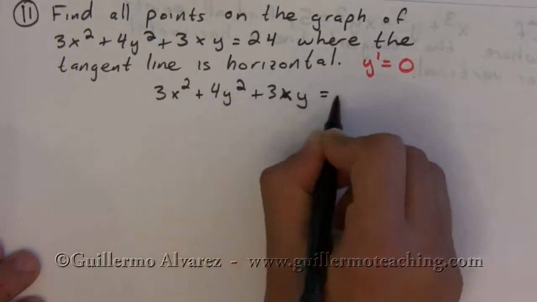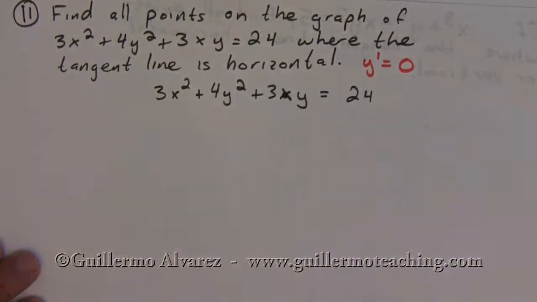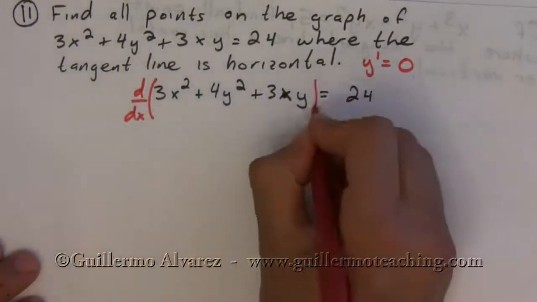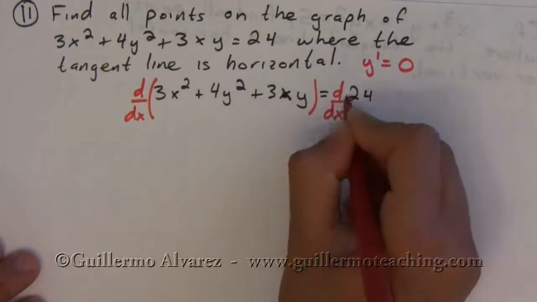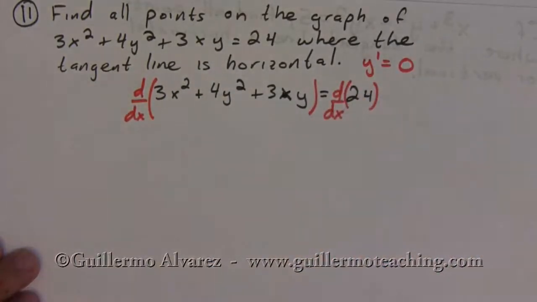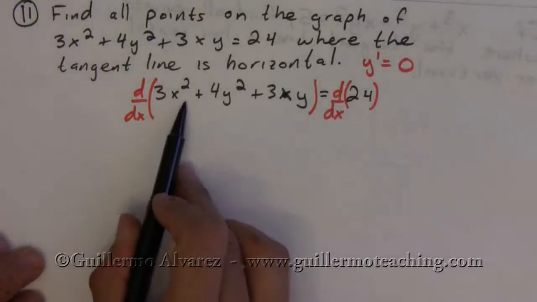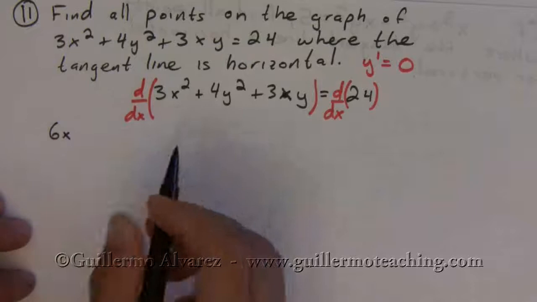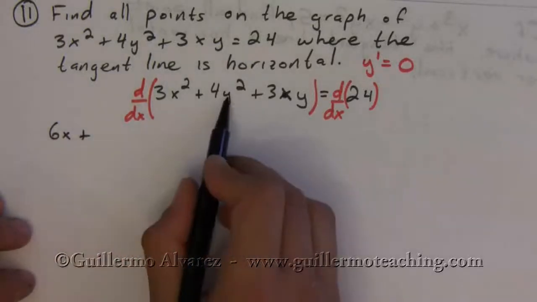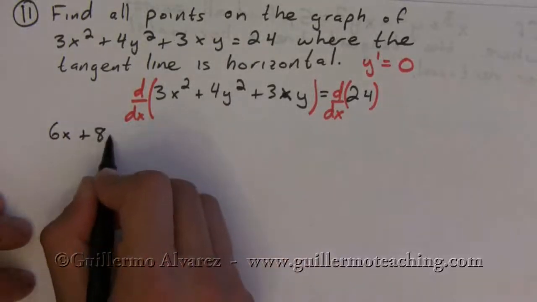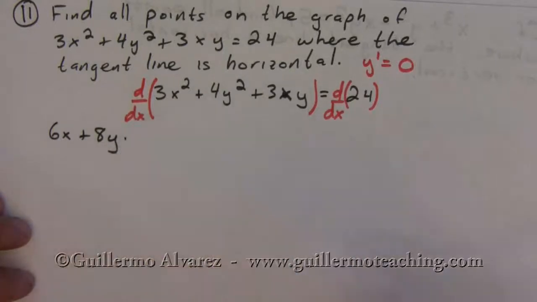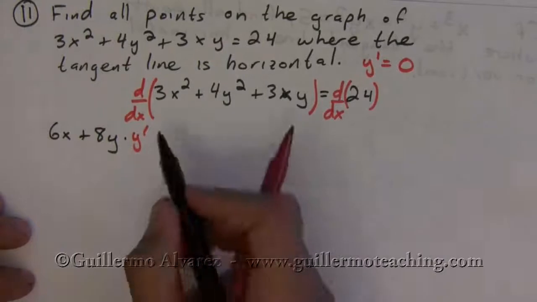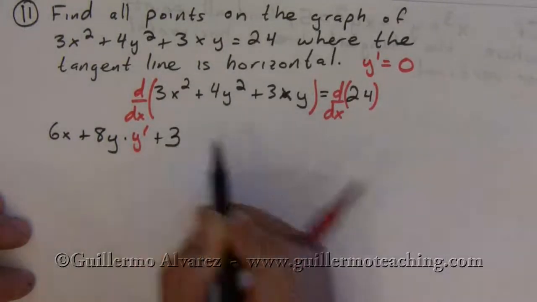let me write it out again. And we're going to get the derivative of both sides. Okay, and so the derivative of this guy is going to be 6x plus, here we have to use the chain rule, so this is going to be 8y times y prime, plus 3.